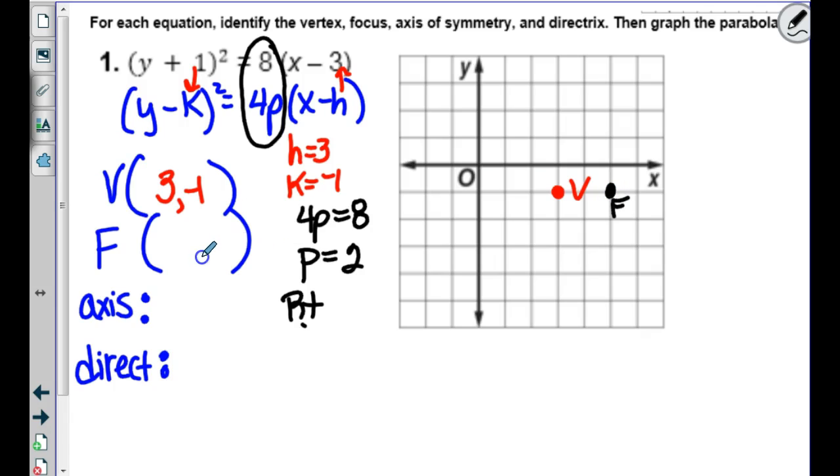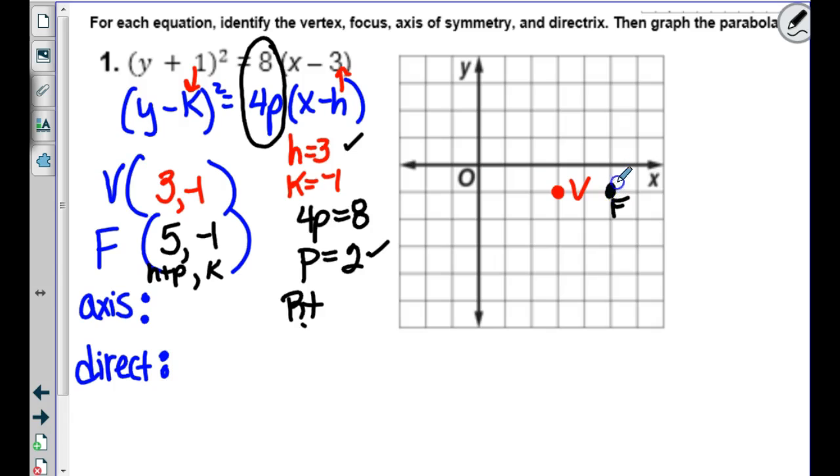But let's use the recipe. What does the recipe say on your sheet? For a focus, it says underneath the one that has y first, focus is (h plus p, k). Is that what it says? What are h and p? There's a 3 and there's a 2, so we'd get 5, and k stays -1.